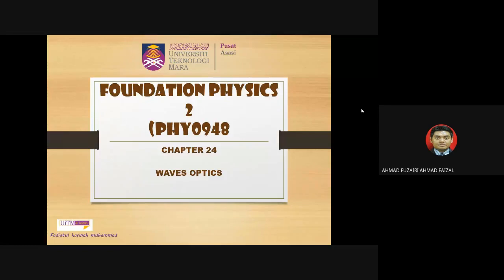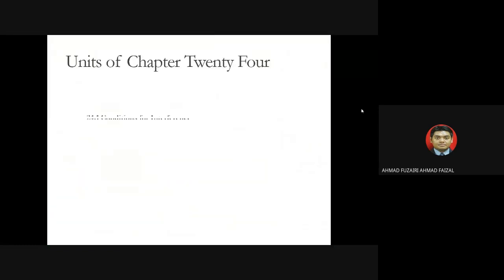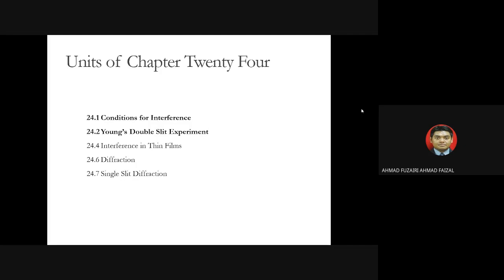First of all, these are the units of chapter 24, where we will learn about interference, the Young double slit experiment, and also the interference in thin films, diffraction, and lastly the single slit diffraction.